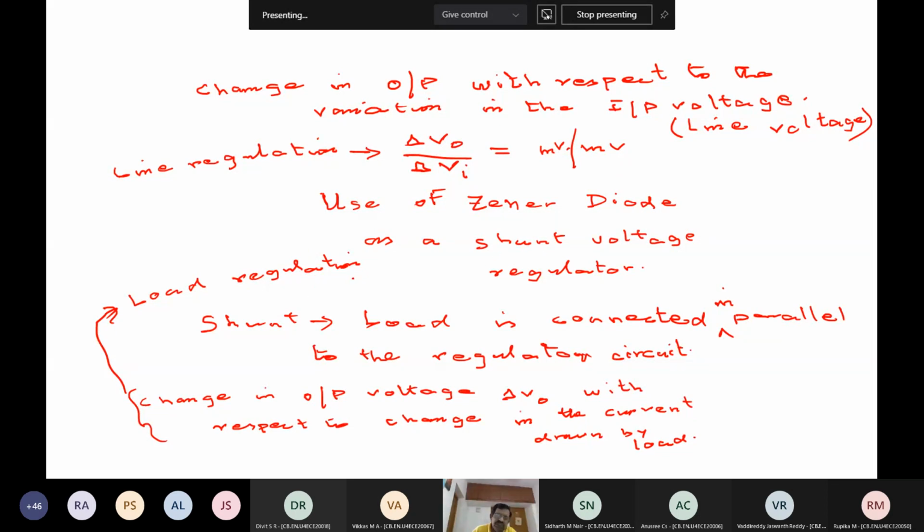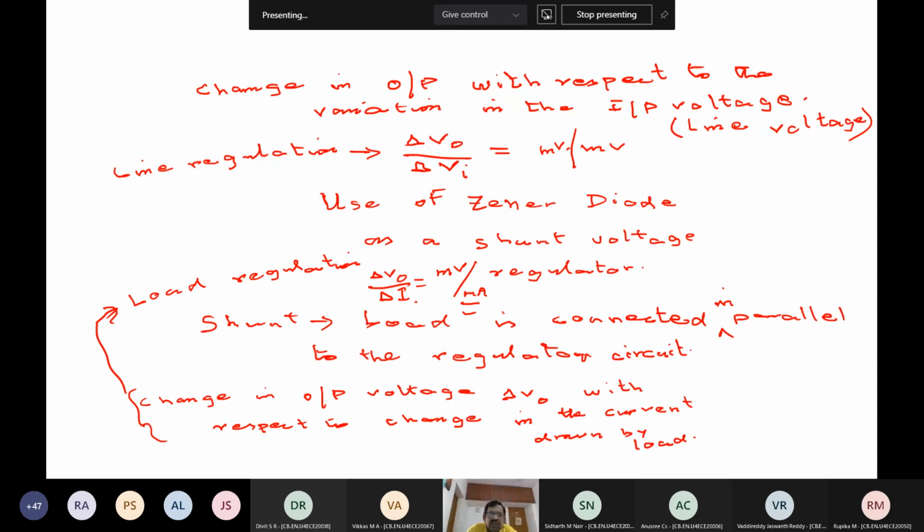Load regulation is delta V naught by delta I, measured in millivolt per milliampere. Ampere is a very high current, so make no mistake about it.